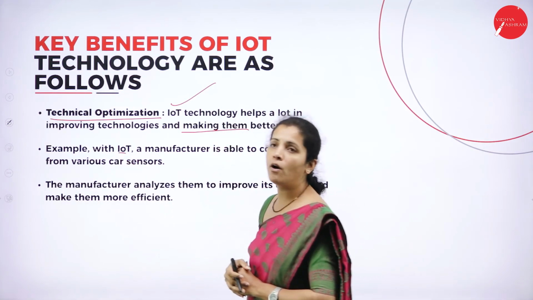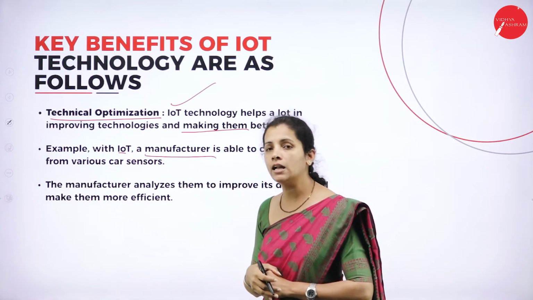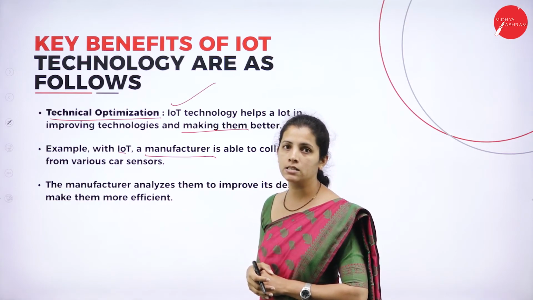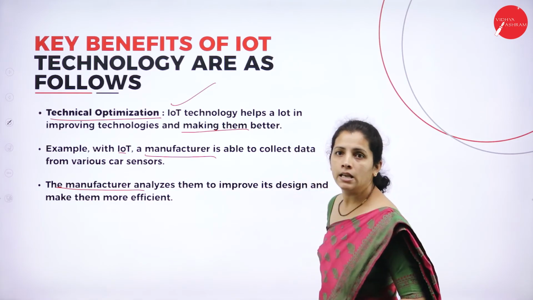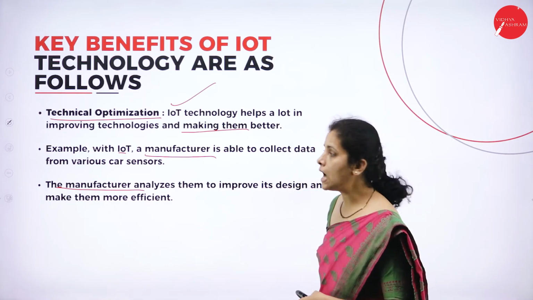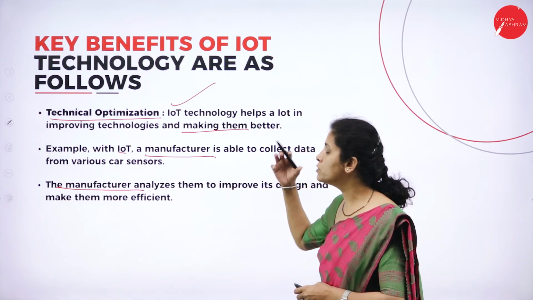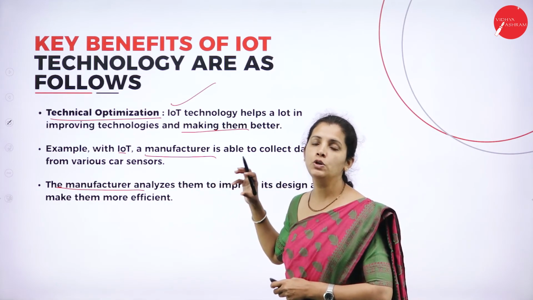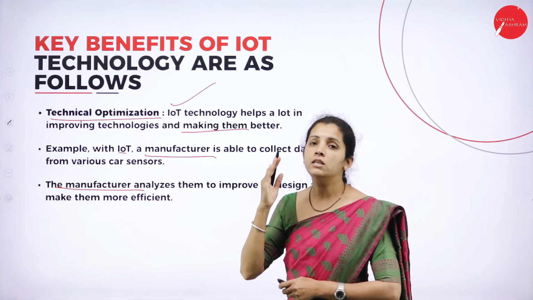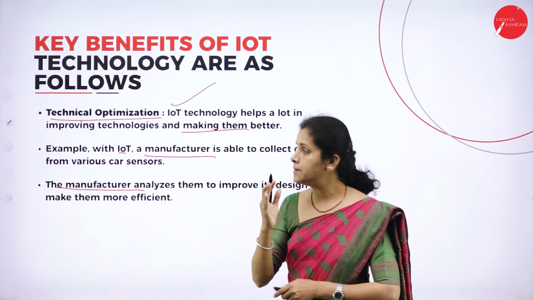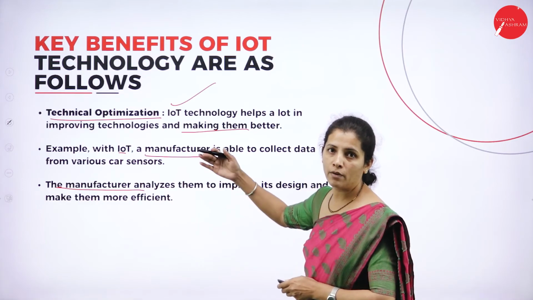For example, with the help of IoT, manufacturers are able to collect data from various car sensors. The manufacturer analyzes them in order to improve the design as well as make them more efficient. That means most manufacturers use the collected data to improve their design as well as quality. This way we can optimize the performance.